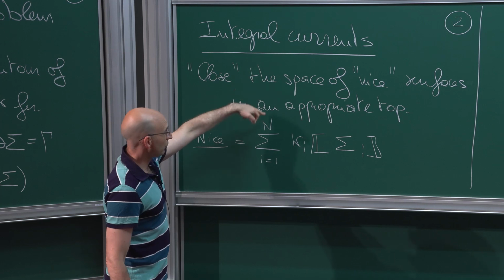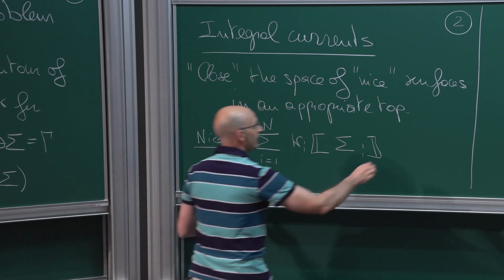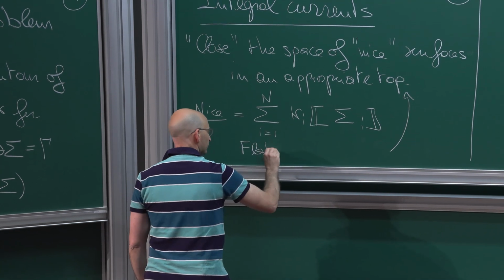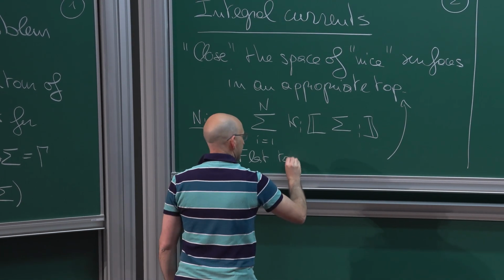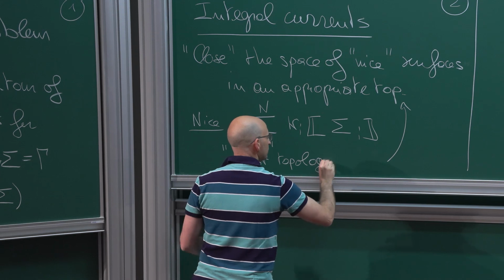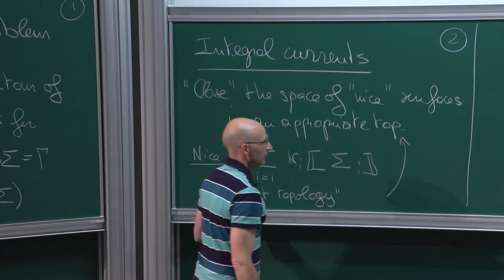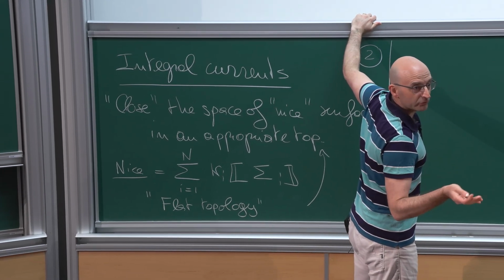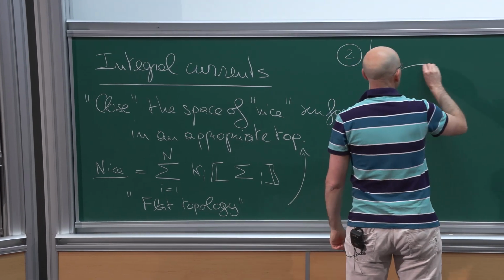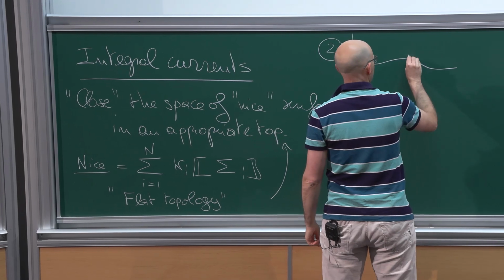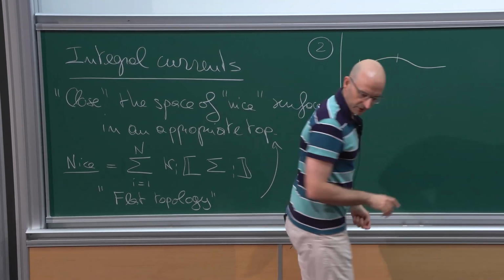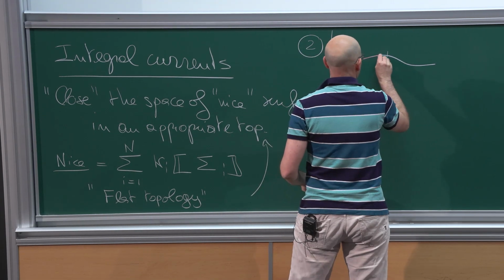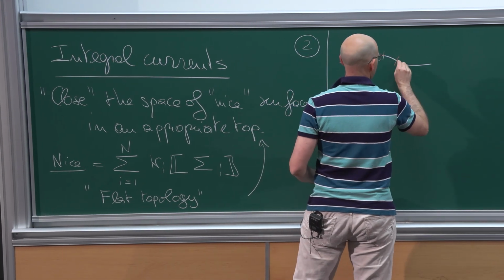And then you're going to close this in an appropriate topology, the so-called flat topology. I'm not going to give you a formal definition of the flat topology. Just imagine that there are two reasons why two surfaces might be close. One reason is that they share a lot of mass together, so they really coincide on a very large portion.